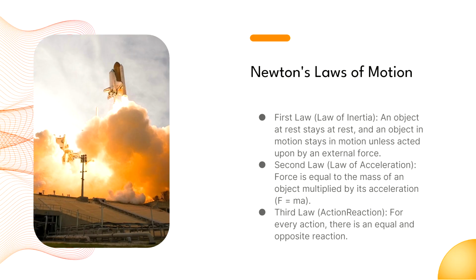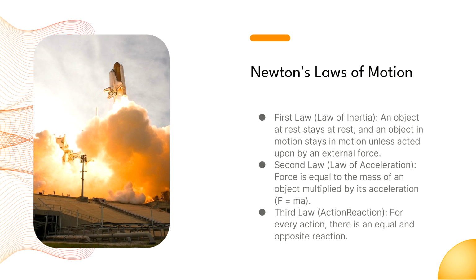So next is Newton's laws of motion. So we have here the first law or the law of inertia. An object at rest stays at rest, and an object in motion stays in motion unless acted on by an external force.